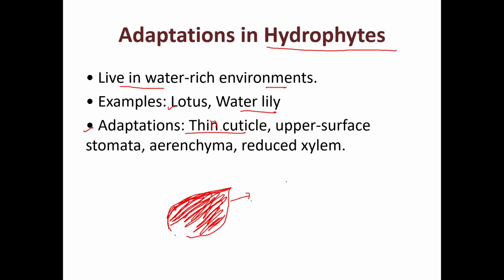A thin cuticle leads to an increased rate of transpiration. If the cuticle is very thin, the stomata easily evaporate water in the form of vapor. They have upper surface stomata, parenchyma with large air spaces present in the leaf, and reduced xylem.